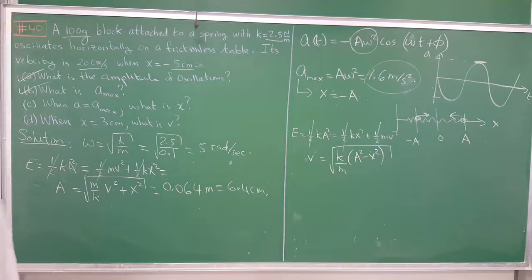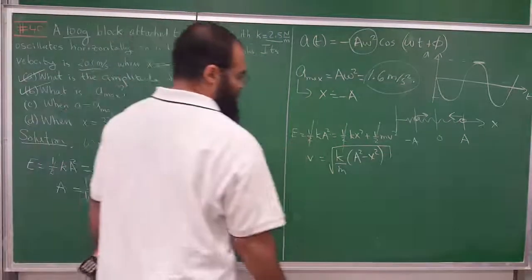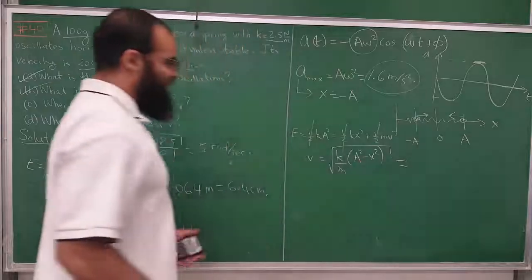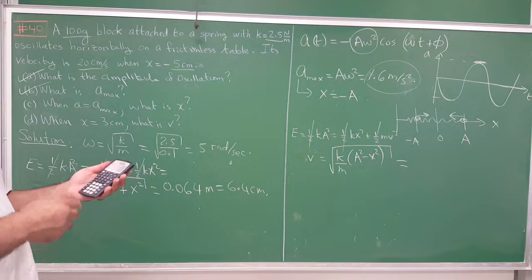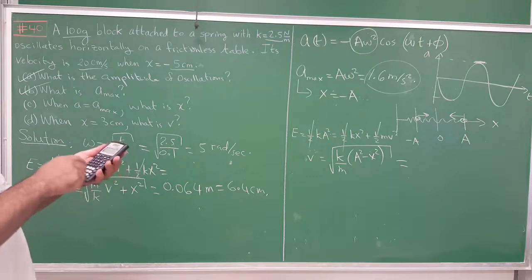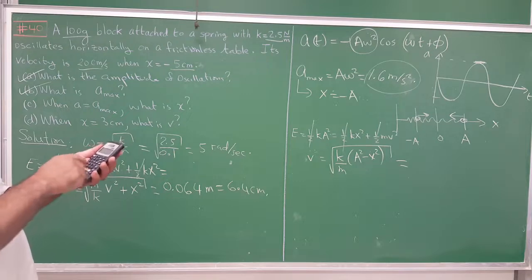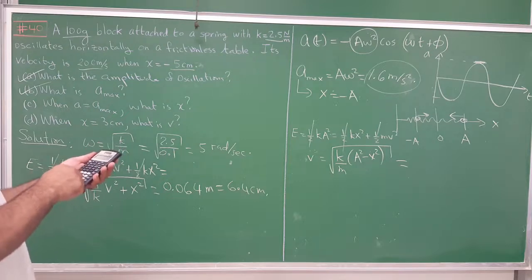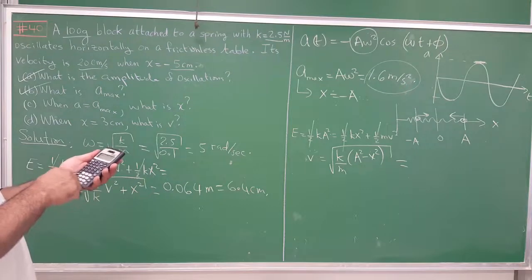And so I want the v when x is equal to 3 centimeters. Just the magnitude, what's the speed? So we plug in the numbers. So we have the k, and we have the m, and we have the a, and we have the x. So I have k is 2.5. The mass is 100 grams, that's 0.1. Multiply that by 0.064. Don't forget the square. And then subtract from it the x, which is 3 centimeters, or 0.03 to the power 2.